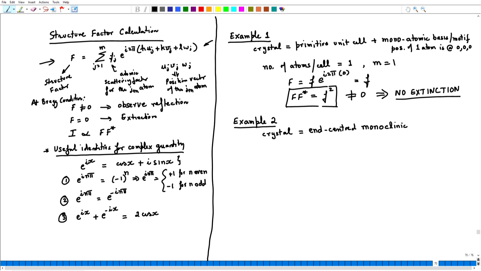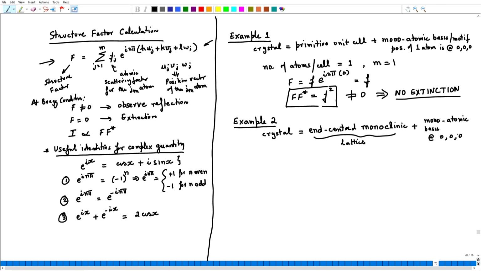So, this is the lattice, and the motif is again a monoatomic basis. So, only one kind of atom present again, and the atomic position would be 0, 0, 0.